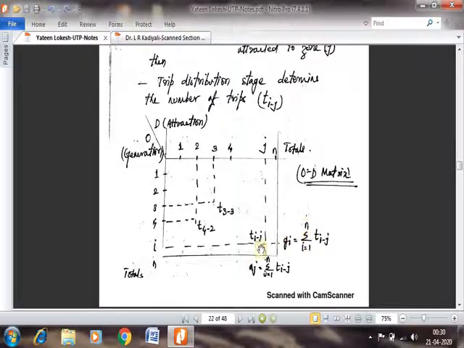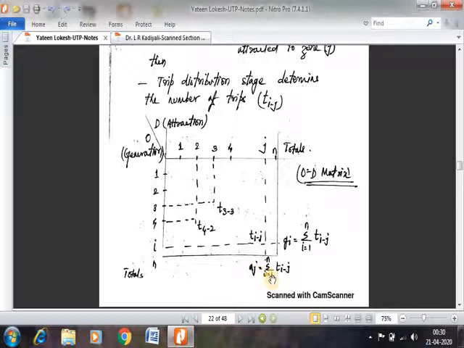Similarly, gi is equal to the summation of all the trips happening from i to j, where j is ranging between 1 to n, and here i is ranging between 1 to n. So these are the total number of trips happening between the zones represented as attractions and generations.